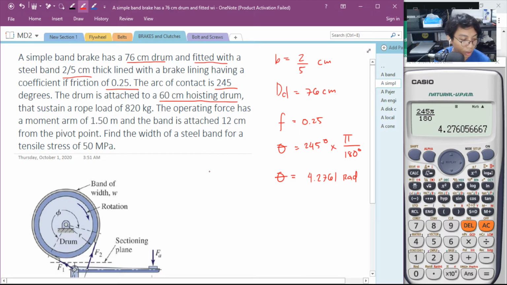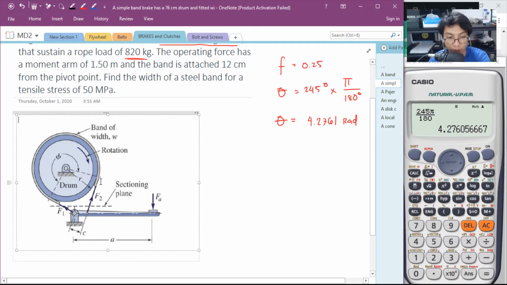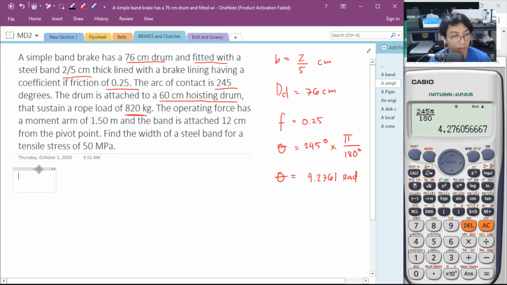So, I think, ang kailangan mo dito na kunin na torque is the hoisting drum that sustains a rope load. So, nandito yung load sa hoisting drum. Hindi ito yung drawing niya. Okay?